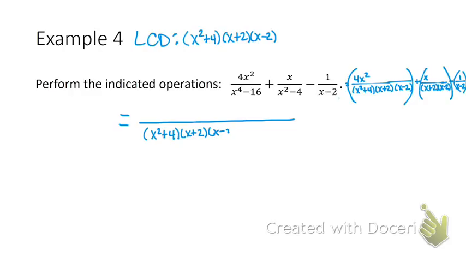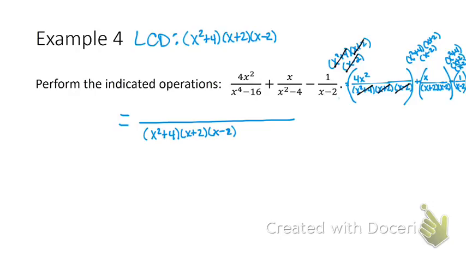Alright, so times the x minus 2. Alright, so let's set this up. Alright, so for the first fraction, we need to get rid of the denominator, so we need to get rid of an x squared plus 4, an x plus 2, and an x minus 2.